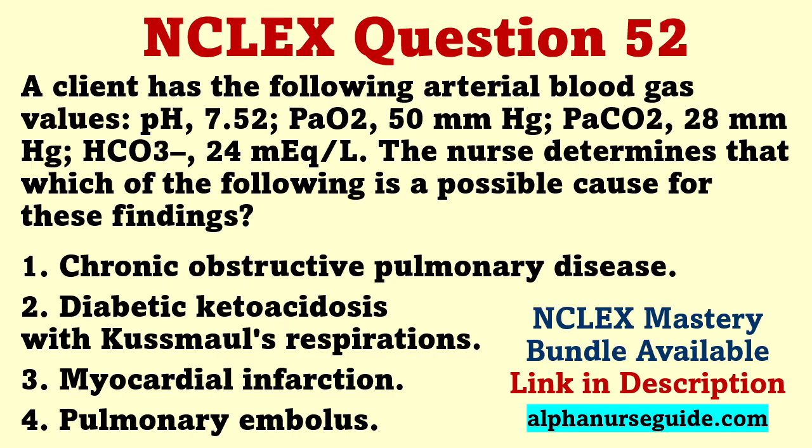A client has the following arterial blood gas values: pH 7.52, PaO2 50, PaCO2 28, HCO3 24. The nurse determines that which of the following is a possible cause for these findings? 1. Chronic obstructive pulmonary disease. 2. Diabetic ketoacidosis with Kussmaul's respirations. 3.